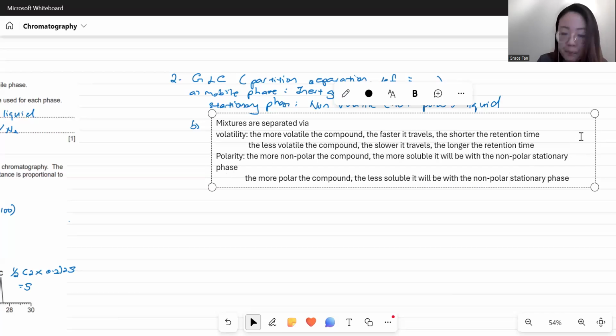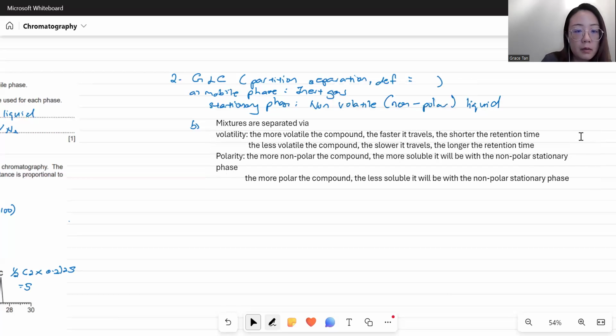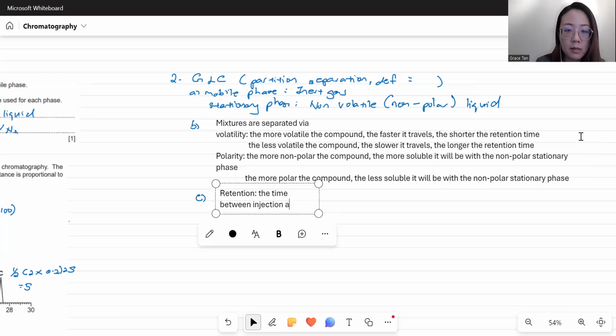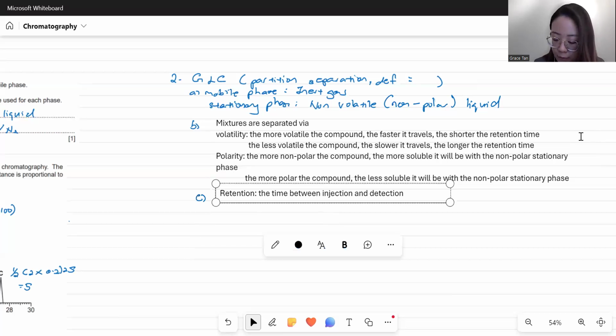Now, part C, retention time. What is the definition? You can pick any one of the 3 given just now: the time between injection and detection. For identification, you just look at the retention time and you know the identity.